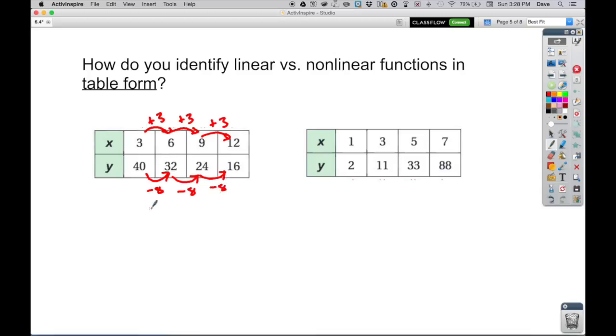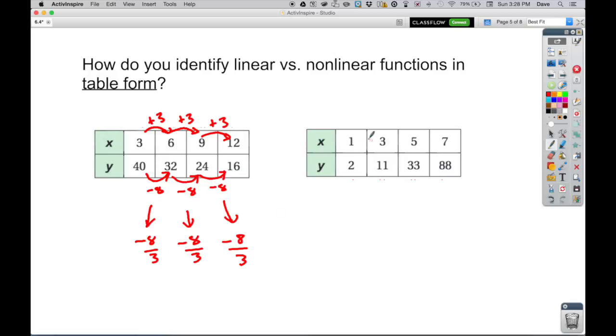And so no matter which one of these I take, the slope, rise over run, is negative 8 thirds. Also here, negative 8 thirds. And also here, negative 8 thirds. So the slope, no matter where I look on this table, is consistent, which means that when it's graphed, it must make a straight line.